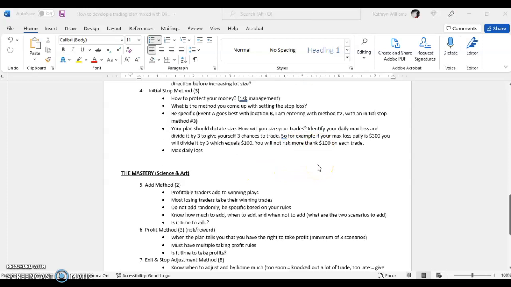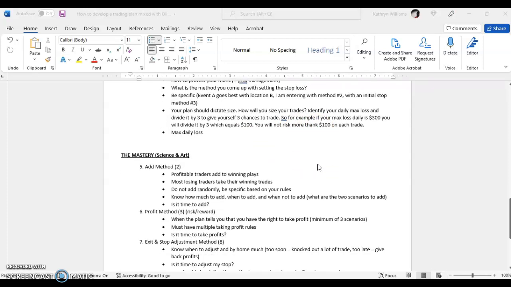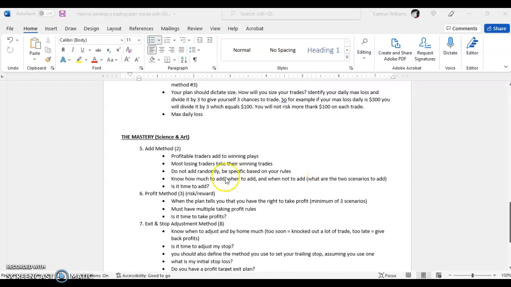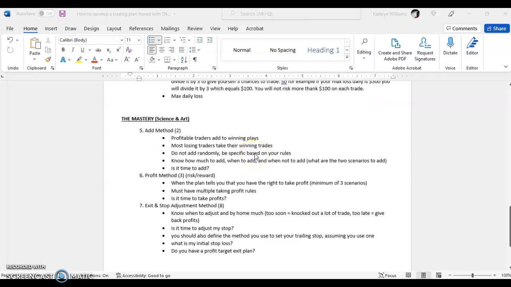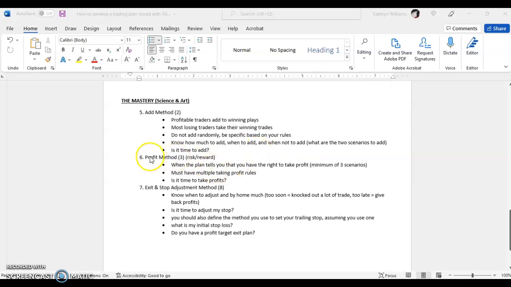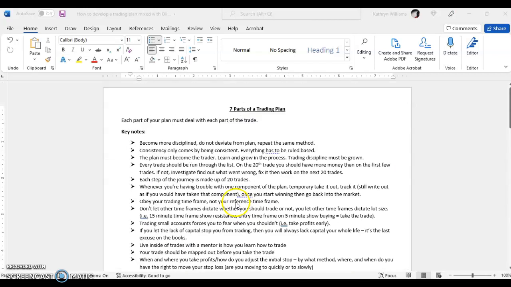Also, if you're winning the trade, how will you add to winning plays? Some people tend to cut their wins short, and you shouldn't do that, especially if the market's not ready for that. So you have to learn to know when to add and when not to add, and how you would take profit, which is your risk to reward. And then of course your exit and stop method. Will you wait till you get stopped out, or when you see a reversal pattern? Whatever you come up with.